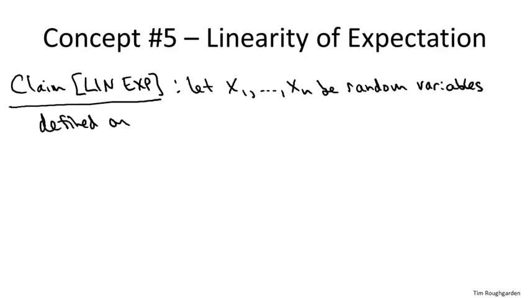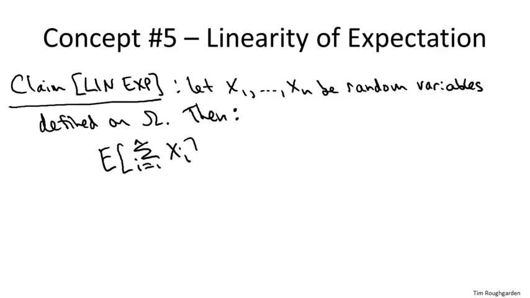Suppose you got a bunch of random variables defined on the same sample space. Then, if you want to think of the expected value of the sum of these random variables, it doesn't matter if you take the sum first and then take the expectation, or if you take expectations first and then sum.